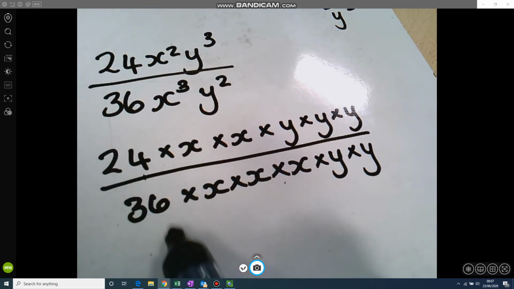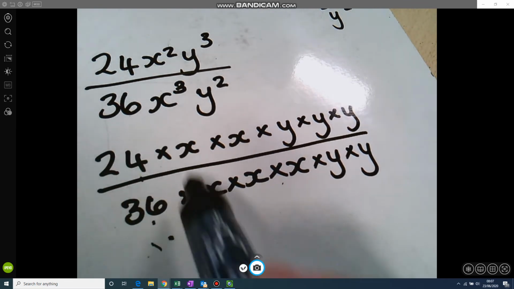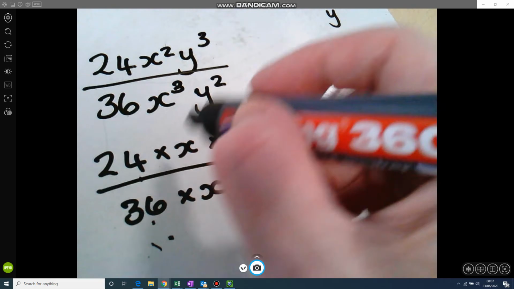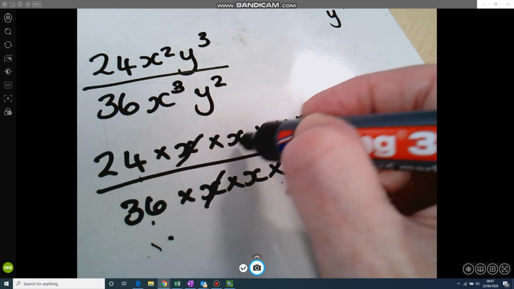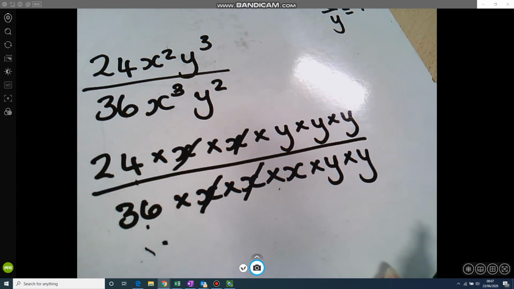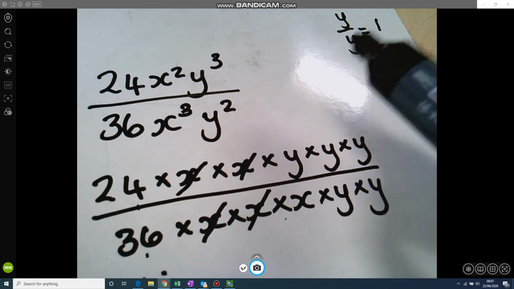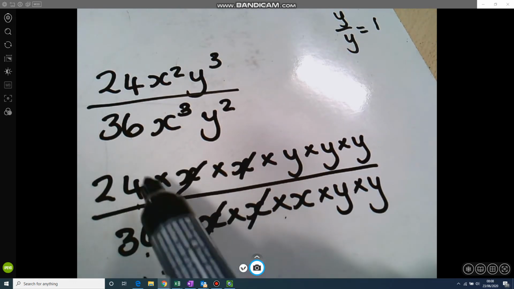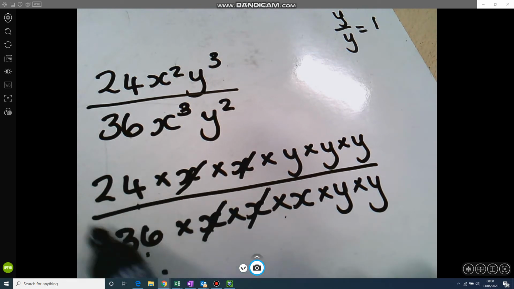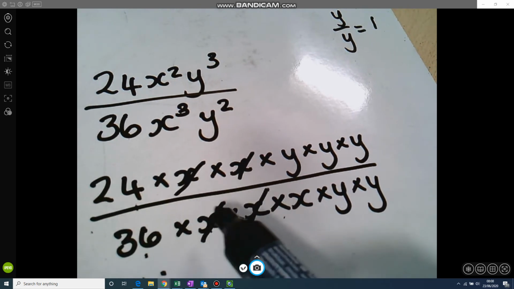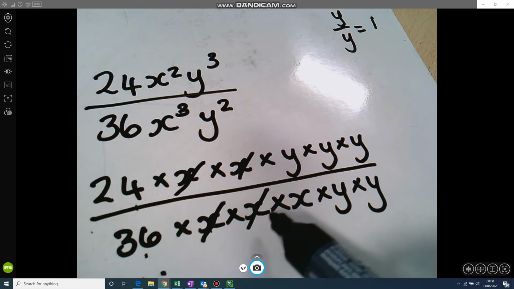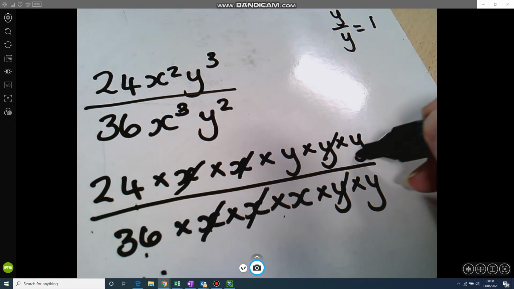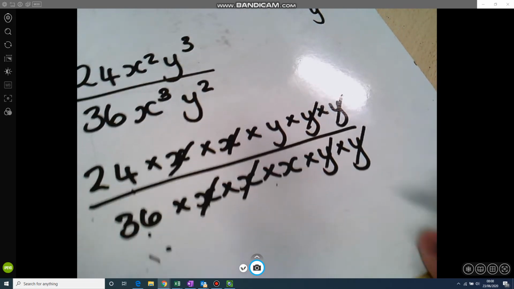Now if we look at 24 and 36, we're going to leave that for a minute. Then we're going to look at our x's. So we can cancel out the ones that have the same on the bottom, because we know that y divided by y is 1, so x divided by x is 1, and 1 times a value has no difference to the value. So we can cancel those out and we can do the same with the y's. So what do we end up with?